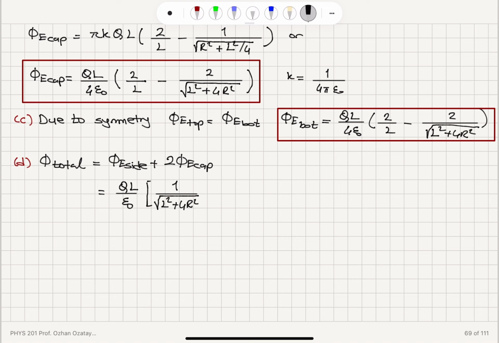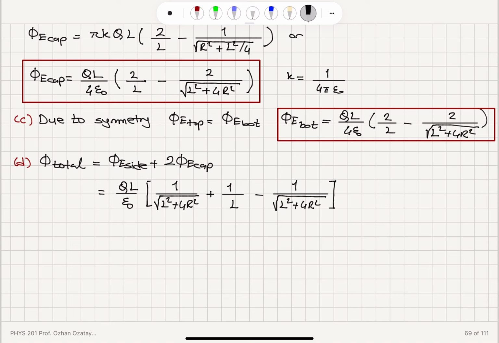Then I have twice this flux. So if you can see here, if I take this 2 outside, this would be 1 over 2 epsilon 0. If I multiply it by 2, I will also have QL over epsilon 0 here. So this will give me plus 1 over L minus 1 over square root of L squared plus 4R squared.